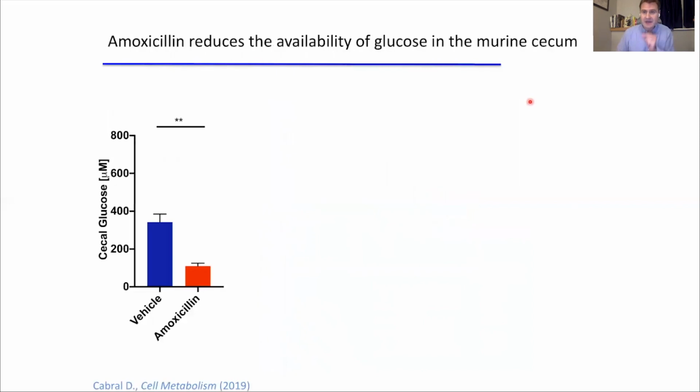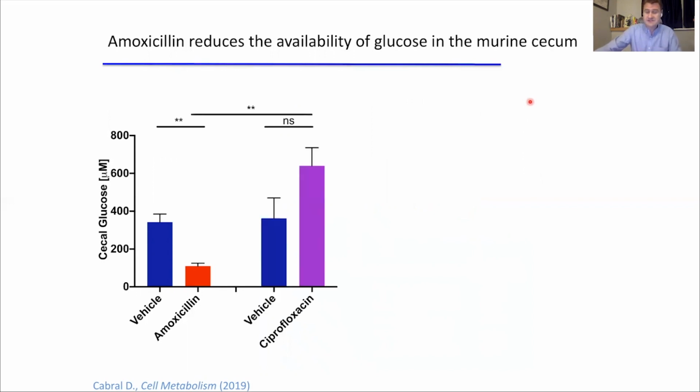But the most dramatic impact was the change in fecal glucose level, both through the metabolomics, and here through a direct quantitative analysis in the cecum of our mice. Amoxicillin really reduces the concentration of glucose found in the cecum. Interestingly, ciprofloxacin does not have the same effect. In fact, there's a non-significant increase in the levels of glucose in these mice.